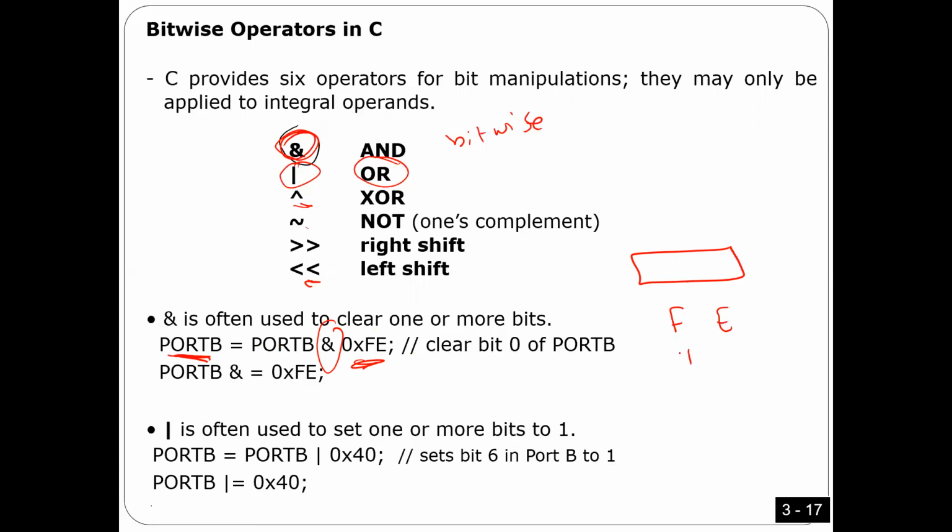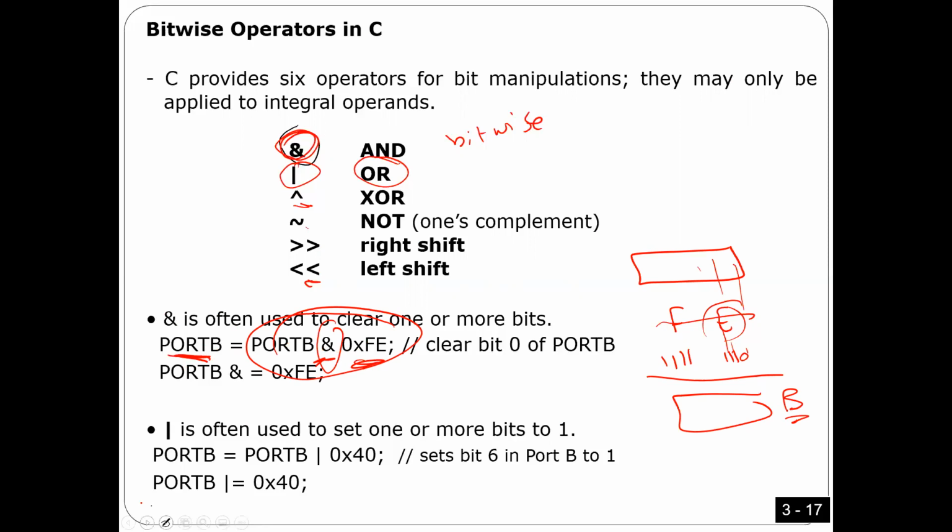F, as you know, is 1, 1, 1, 1, right? E, I think, is 1, 1, 1, 0. Anyway, whatever it is, we are going to do a bit by bit AND with this one, and the result is going to be stored in port B. So what this is doing is a bit by bit AND operation, and then you store the result in port B, okay?